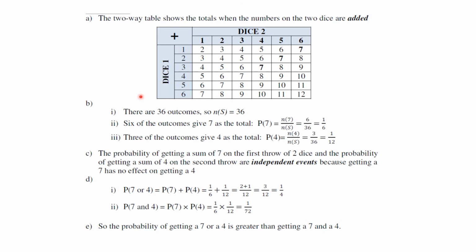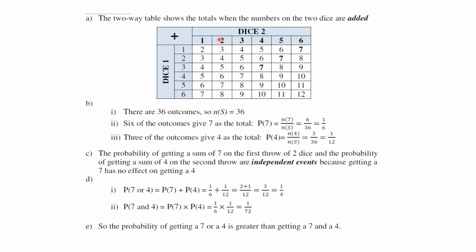All right. So for the first question, part B, there are 36 outcomes, based on this diagram here. Of course, you throw a dice, you have 6 numbers, and each time you have another 6 outcomes, so 6 times 6 is 36.